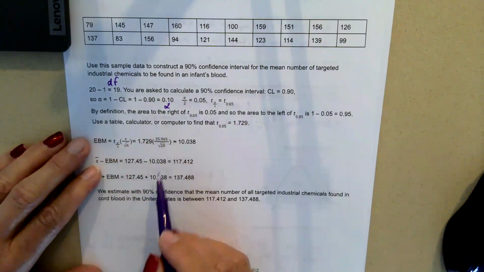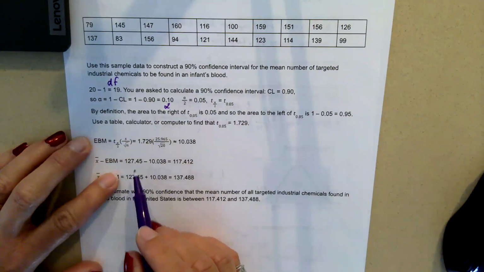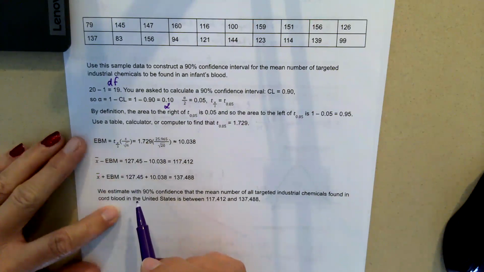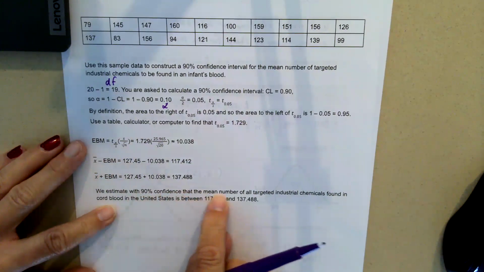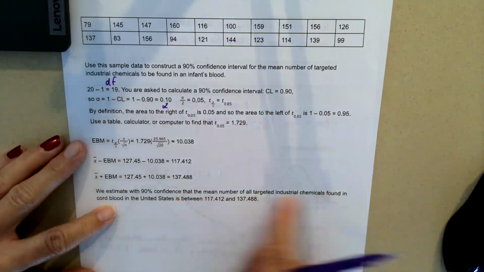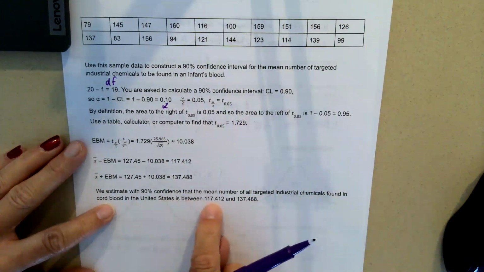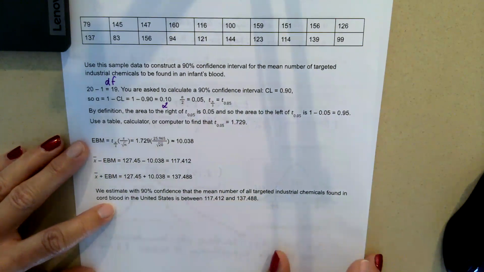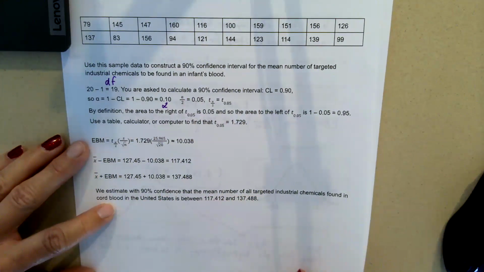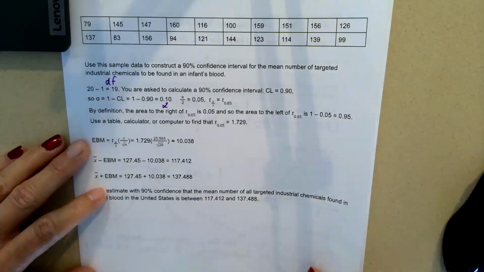And then we're going to subtract and add that from the sample mean of 127.5. So we estimate with 90% confidence that the mean number of all target industrial chemicals found in cord blood in the US is between 117 and 137. Yikes.